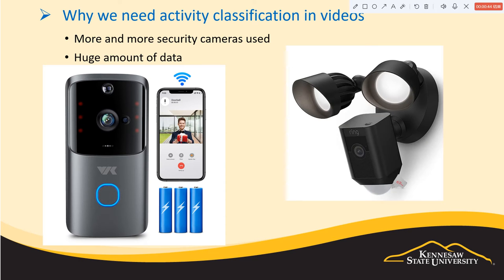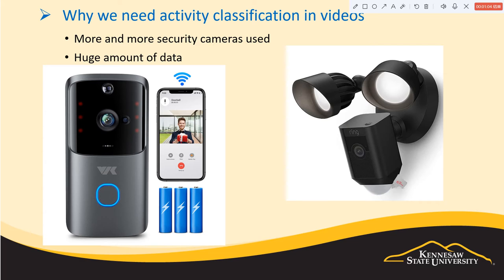First, why we need activity classification in videos. As we know, more and more security cameras are used everywhere, like this from the doorbell, and this from the flood camera.